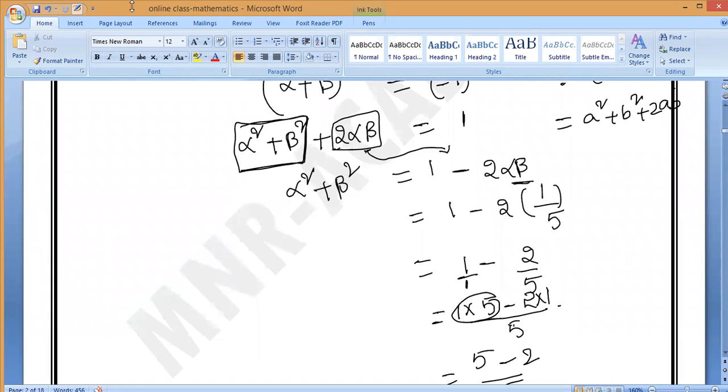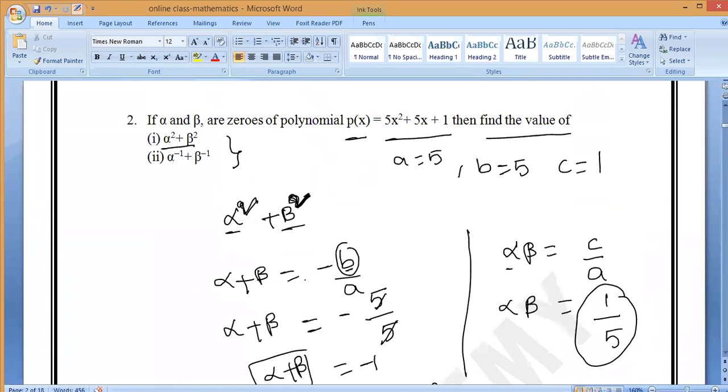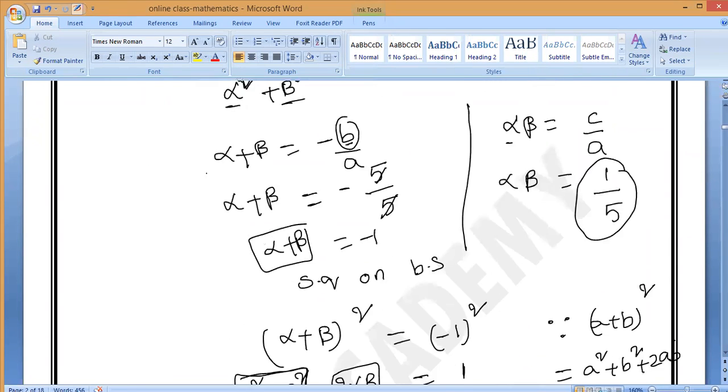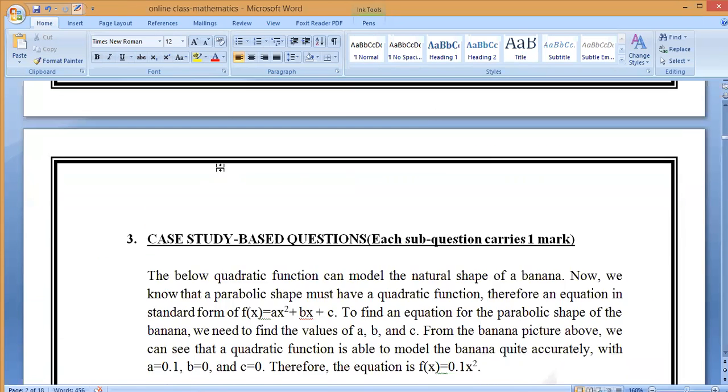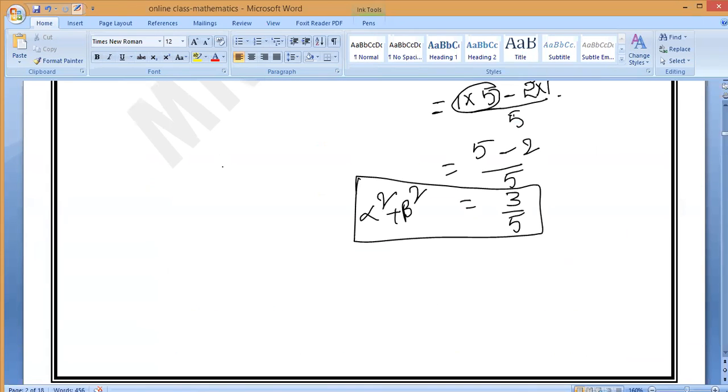Second subdivision. Here we have to find alpha power minus 1 plus beta power minus 1, which is 1 by alpha plus 1 by beta. How to write?